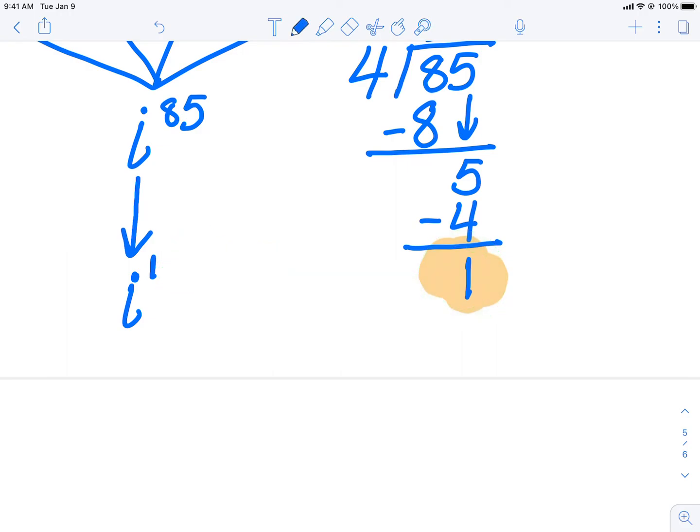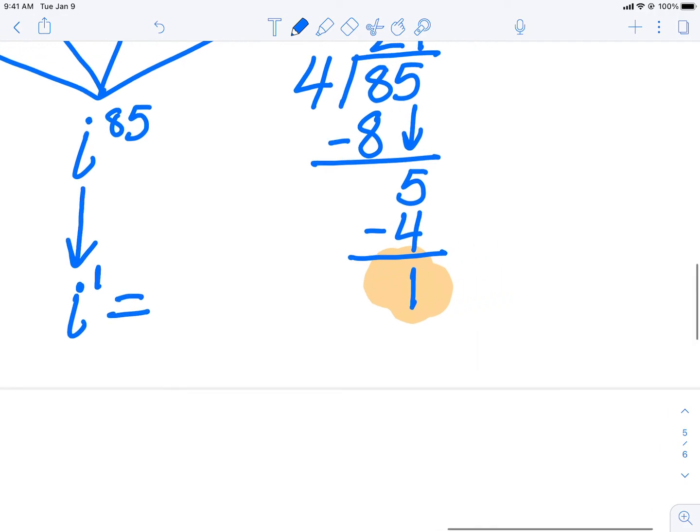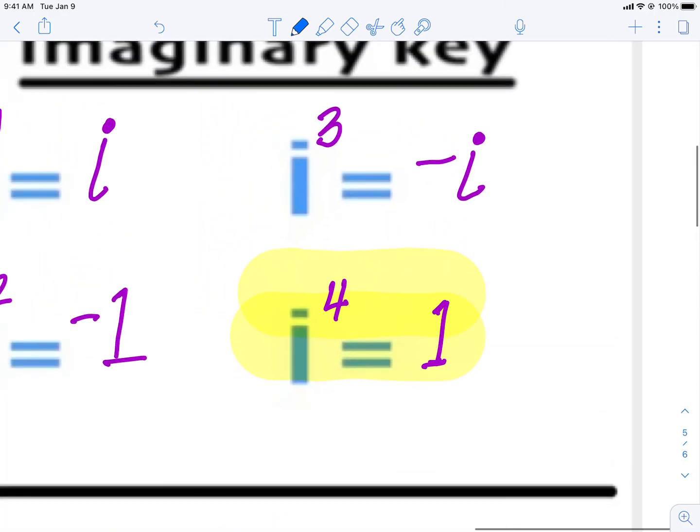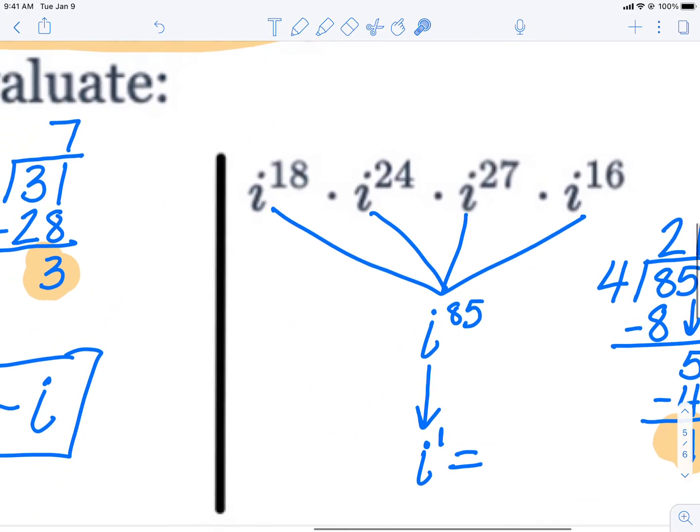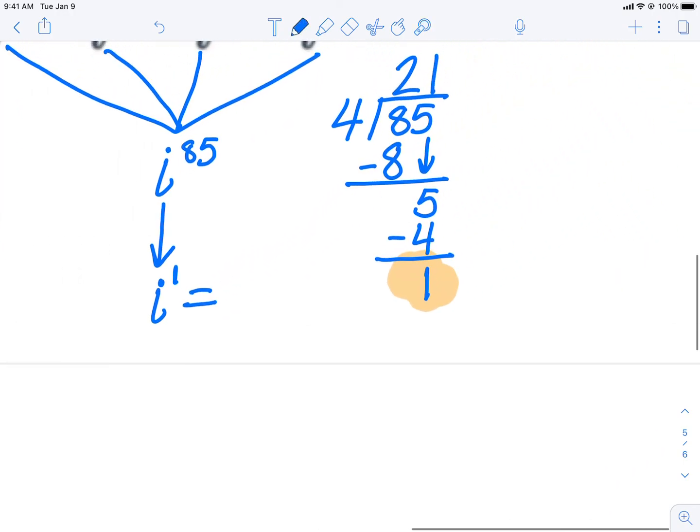So that means that my answer is I to the power of 1. I go back and check my key. I to the power of 1 is just I. So my answer here is just I. And that is my solution right there.